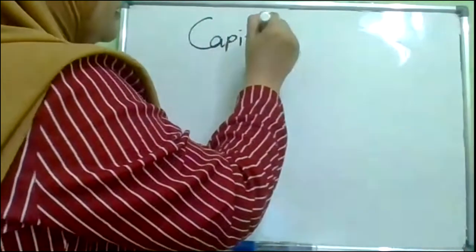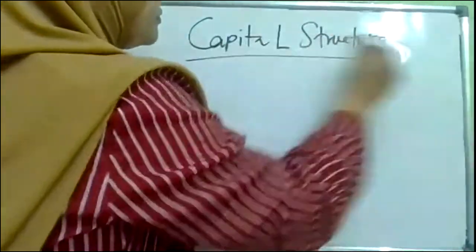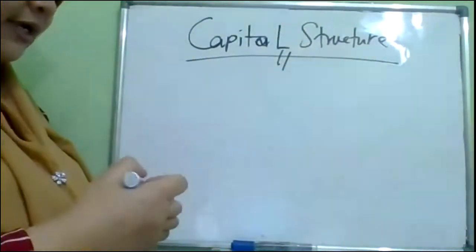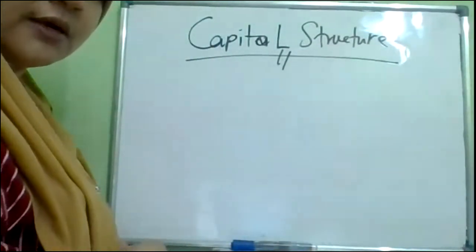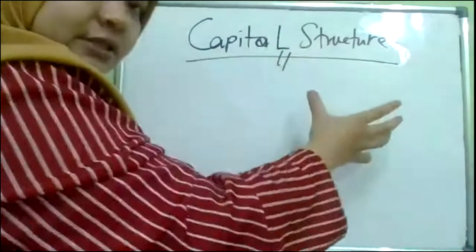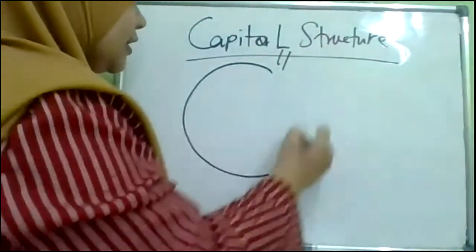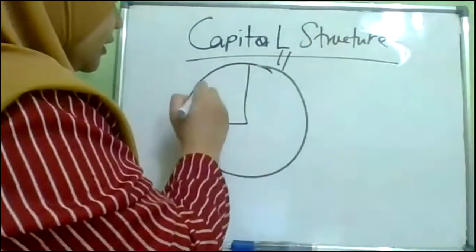Okay, so let's talk about capital structure first. When we talk about capital structure, capital is money. Actually, it's money which is able to develop a business. The structure is usually a combination of debt and equity.